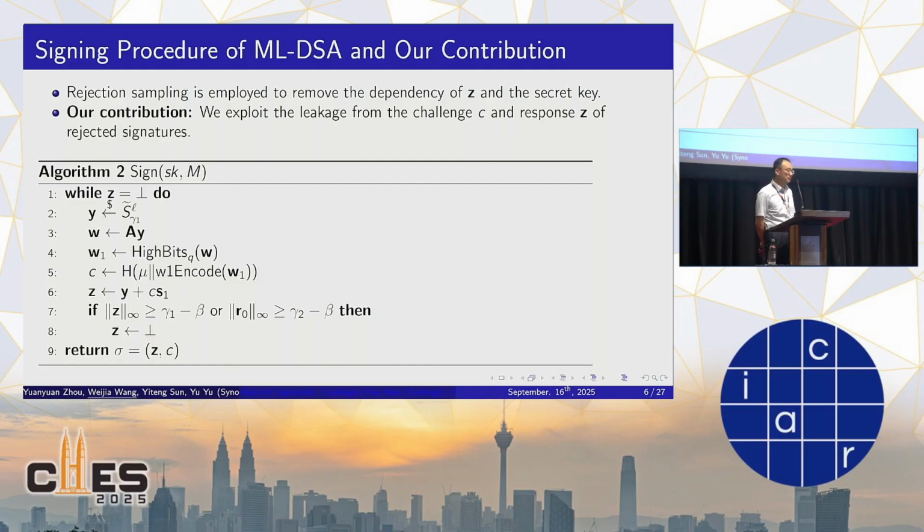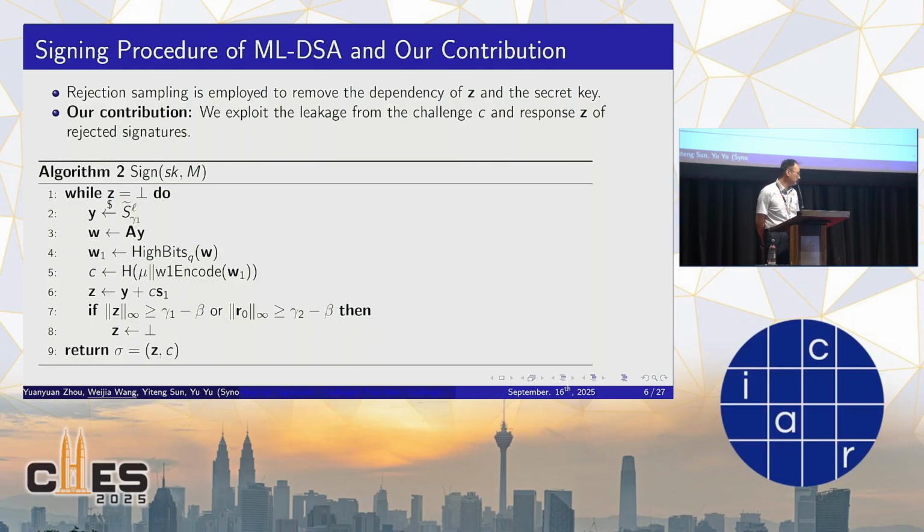Another thing we want to notice about the sign procedure of ML-DSA is that it uses rejection sampling to remove the dependency between z and the secret key s1. Basically, it checks the norm of z, and if the norm is larger than some bound, it will reject the tuple of z, which is the response, and c, which is the challenge.